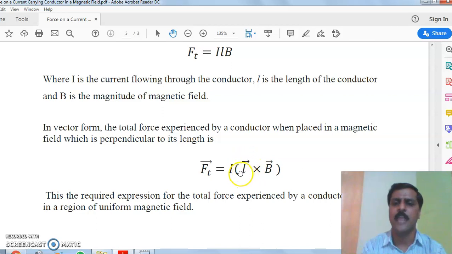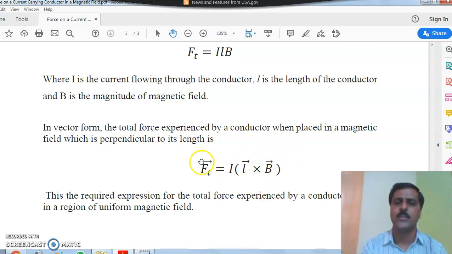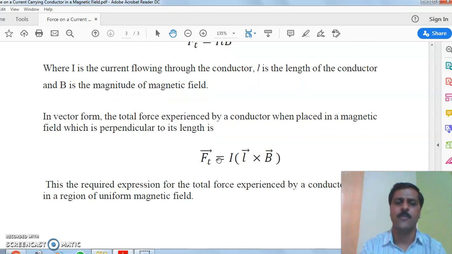Because the angle between this L and B, length and magnetic field, is perpendicular. They are perpendicular to each other, a 90 degree angle is there. And when we solve them, we use sin theta, because again we get a vector. So this is the vector form of the force experienced by a conductor when placed in a region of magnetic field. This is the required expression. Thank you.